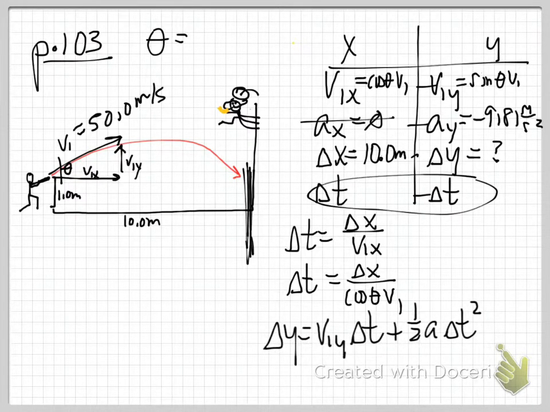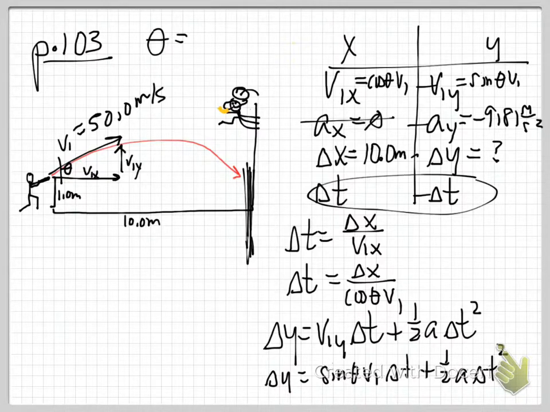What we're saying here is that VIY is sine theta VI. So delta y equals sine theta VI delta t plus 1/2 a delta t squared.